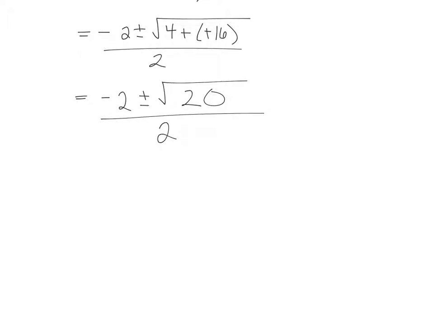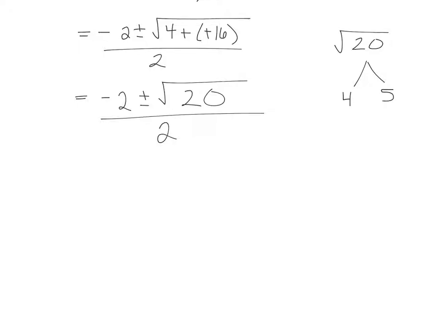Now I want to reduce or simplify the square root of 20. To do that, you're going to break 20 up into the set of prime factors. First, you want to list 2 numbers that when multiplied together give you 20. So I know that 4 times 5 is 20. You could also choose 2 times 10. You'll still get the same answer.